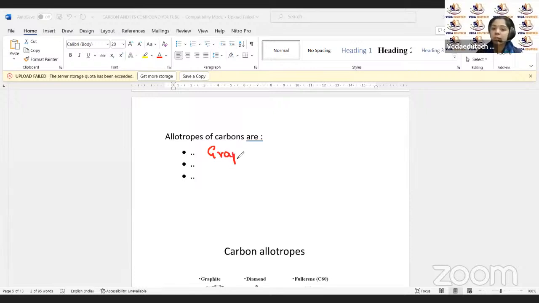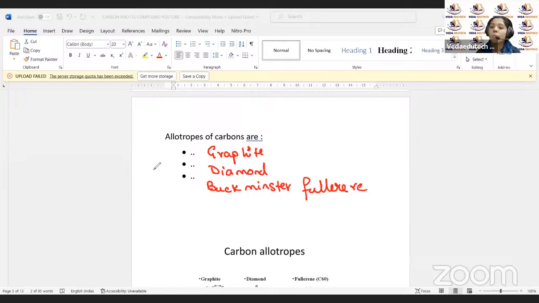First is graphite, second is diamond, and third is Buckminster fullerene. We'll study all 3.